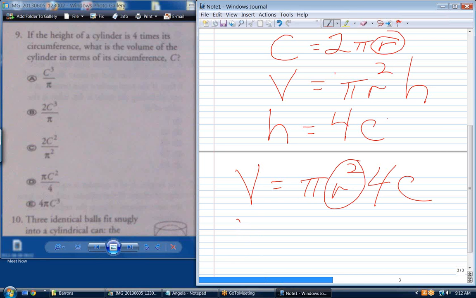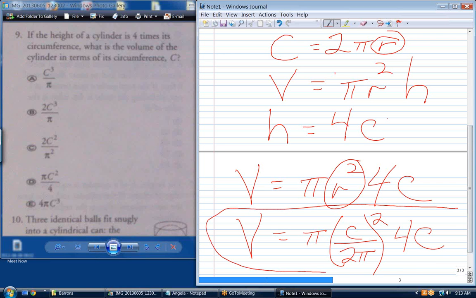So c divided by 2 pi. So there's our thing. And you see the common element?